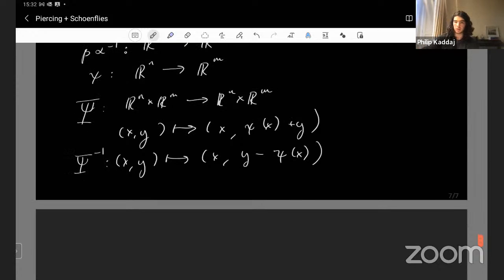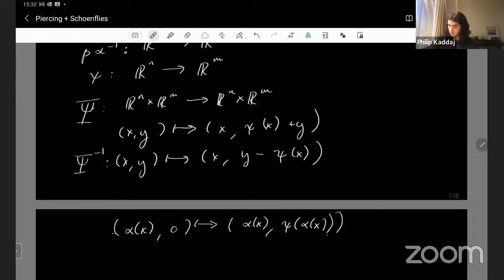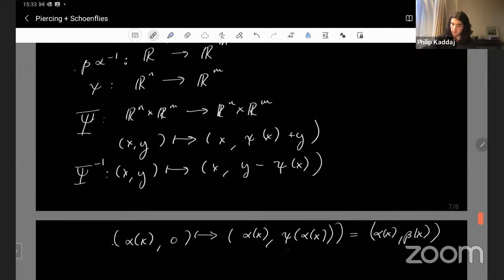Well, then this is what we want, because if we check, this goes to this, because we defined psi to be the extension of this map. And the beta case is very similar.